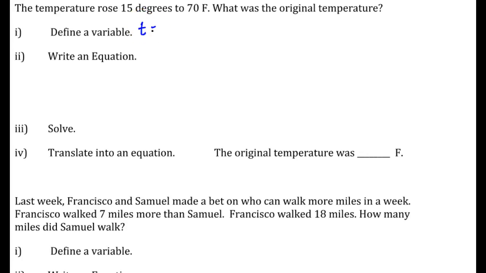So you write T equals temp. Technically I guess the units would be degrees, because it's 70 degrees, but you can just stick with T.